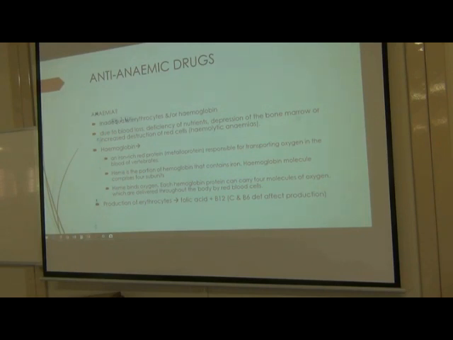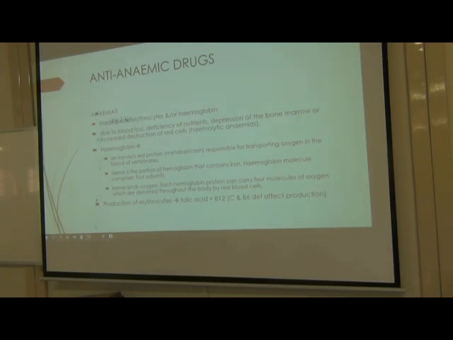So when oxygen binds to the iron in hemoglobin, when it gets to the area where there is less pressure, it releases oxygen, and sometimes it picks up carbon dioxide. That's a different topic altogether: the transport of oxygen and carbon dioxide in the blood. So it picks up oxygen and binds to the iron in hemoglobin.